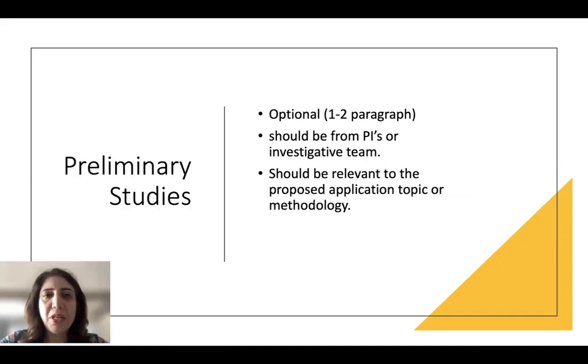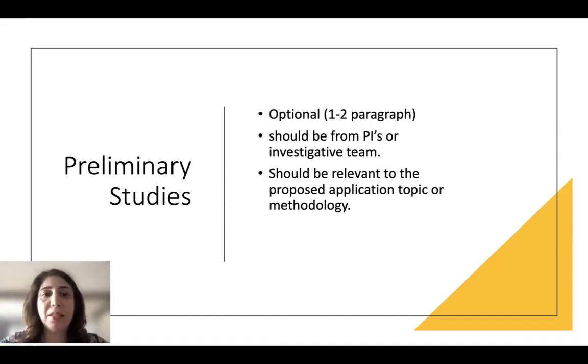The next section, as part of a method or approach, is preliminary studies. Again, this part is optional for these smaller seed grants or pilot grants. If you have some preliminary studies, you want to talk about them in 1 or 2 paragraphs. Usually the studies you're talking about should be a study that you as a PI have conducted, or one of your team members.